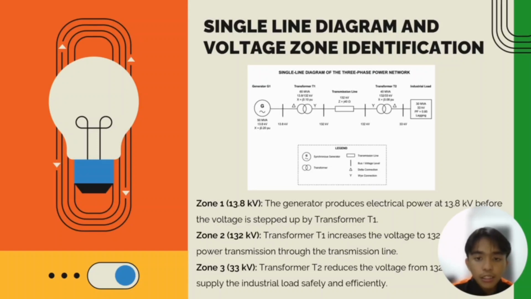From the transmission line at 132 kilovolt, transformer T2 reduces the voltage from 132 to 33 kilovolt for the industrial load, so it will supply the industrial load safely and efficiently.